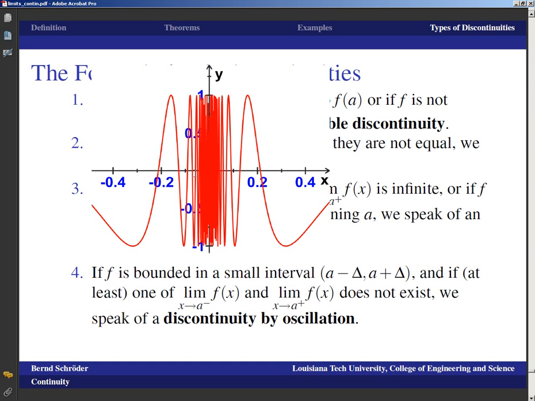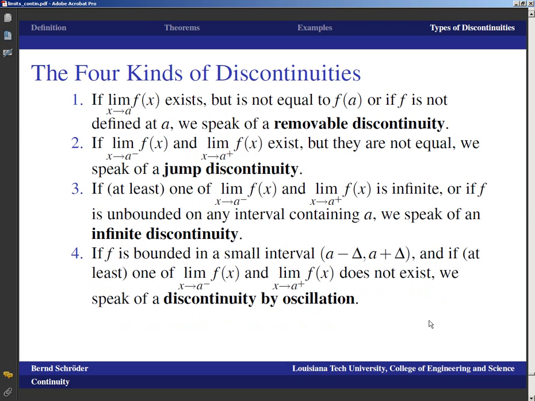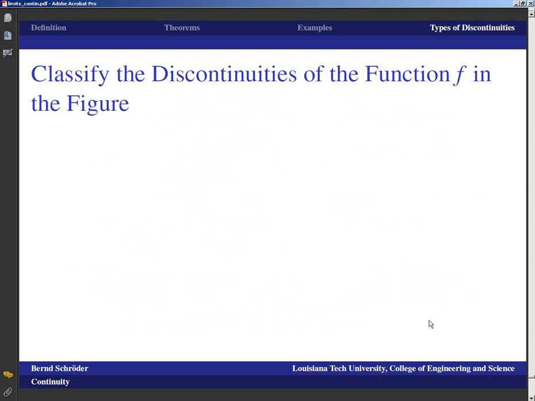That's got infinitely many oscillations of positive amplitude that stays positive as we approach 0 in the interval from negative 0.2 to 0.2, and so there is no way we're going to get orderly behavior near the origin, so that thing doesn't have a limit at 0. And remember, the discontinuity by oscillation is typically discussed mostly in more advanced classes, but the picture is just, it acts like sine of 1 over x near the origin.